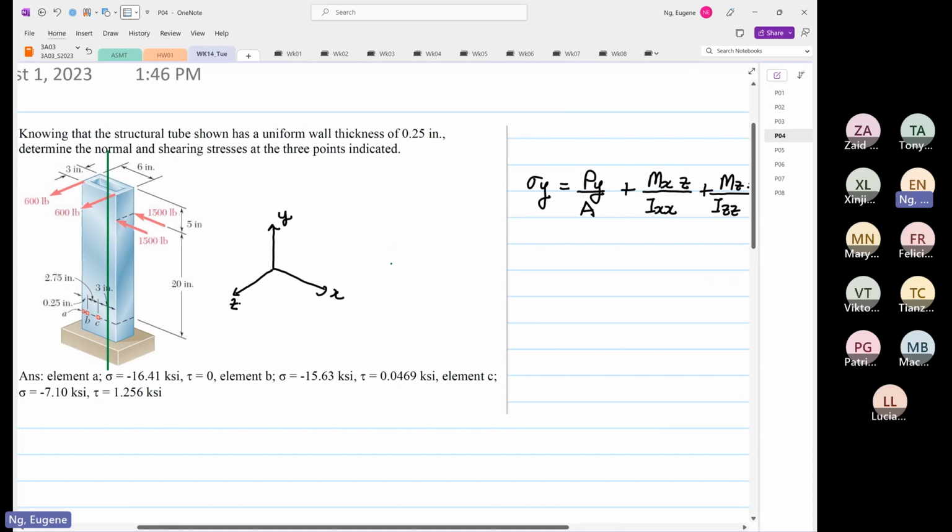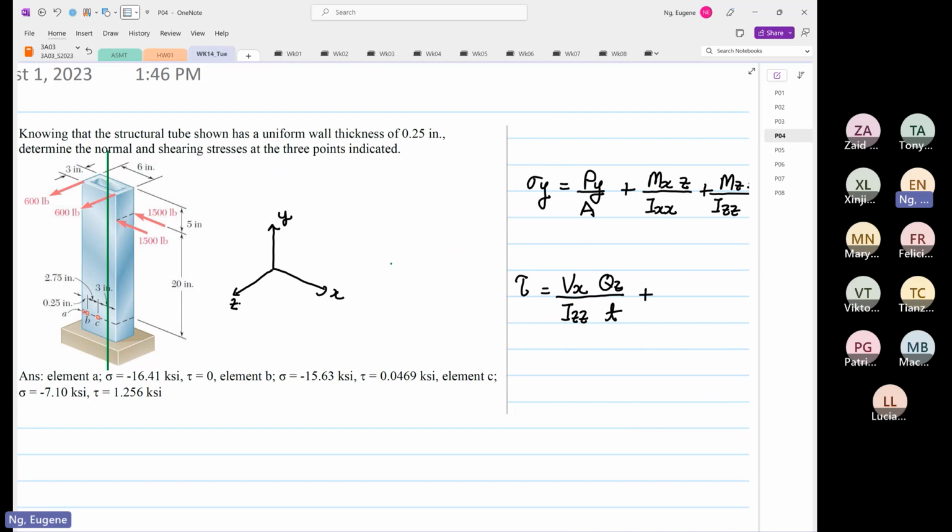And for this case, we know we have shear, and the shear is due to the forces in Vx over Izz Qz over T, plus Vz over Ixx Qx over T. So we know all this information.